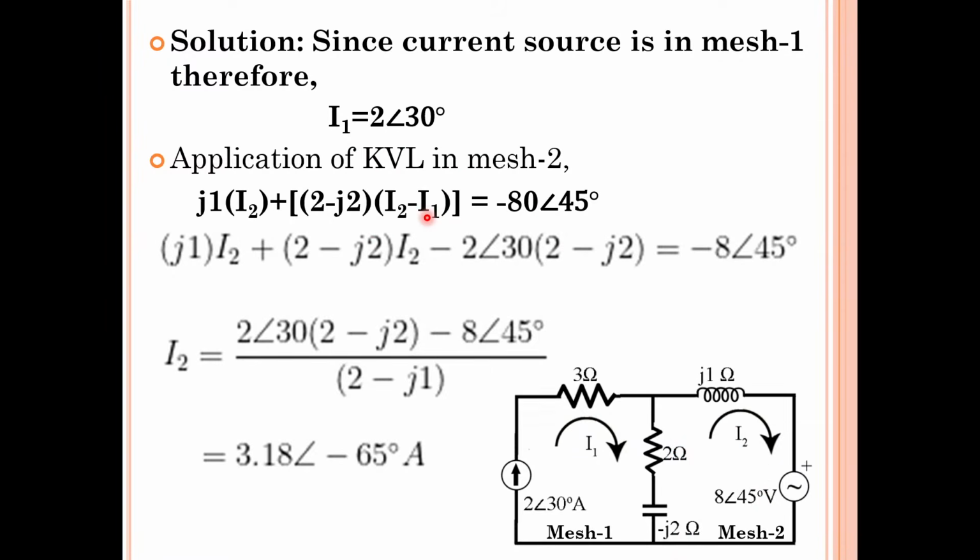Now you just expand this. What do you get? 2 minus j2 into I2 minus 2 minus j2 into I1. What is the I1 value? I1 is 2 at an angle of 30. So one step was missing here that I have written now.